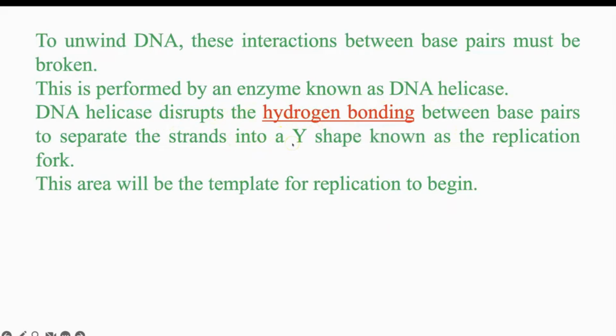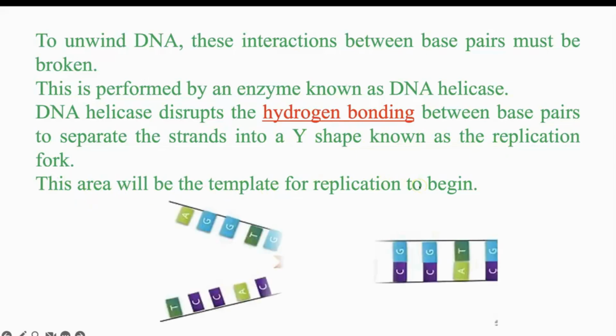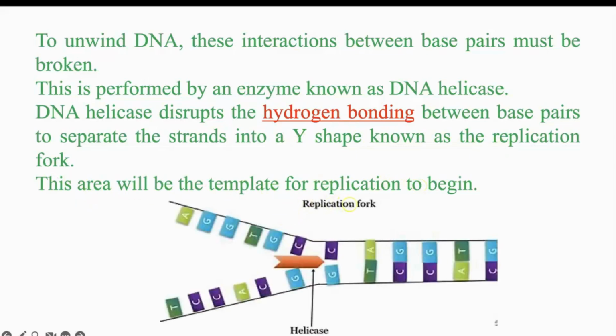So the strands form a Y-shaped structure, which we call a replication fork. This area will act as a template for replication to begin. In the structure we can clearly see the replication fork in a Y-shaped structure, and this is the enzyme helicase, which helps to unwind the DNA by breaking the hydrogen bonds between the nitrogenous bases.